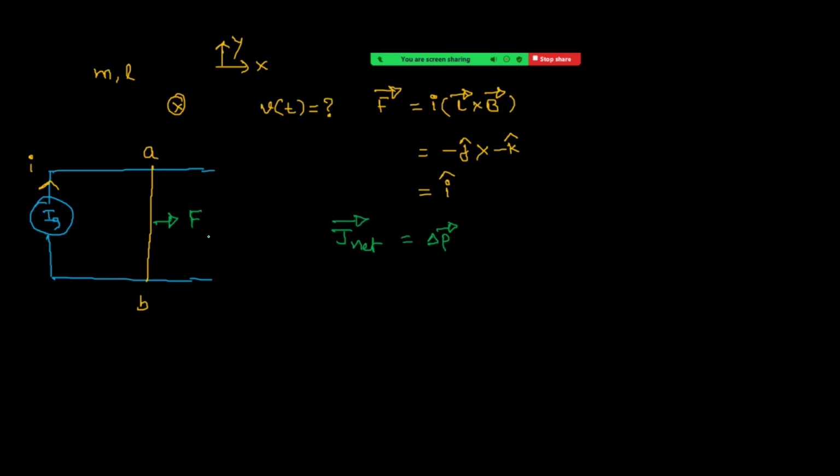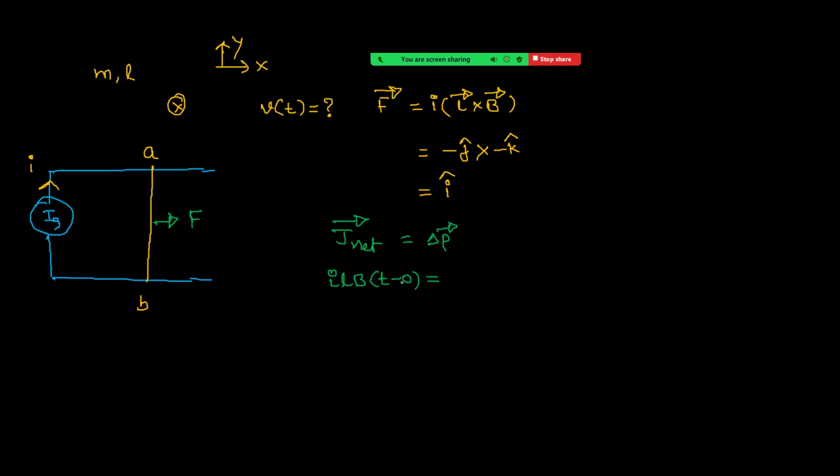You can see this force is the net force on that wire. So the impulse of this force is equal to the change in its momentum, right? So I'm taking that force is I into L into B, right? Into time interval, which is t minus 0. In this time interval, the impulse is equal to the change in momentum in that time interval.